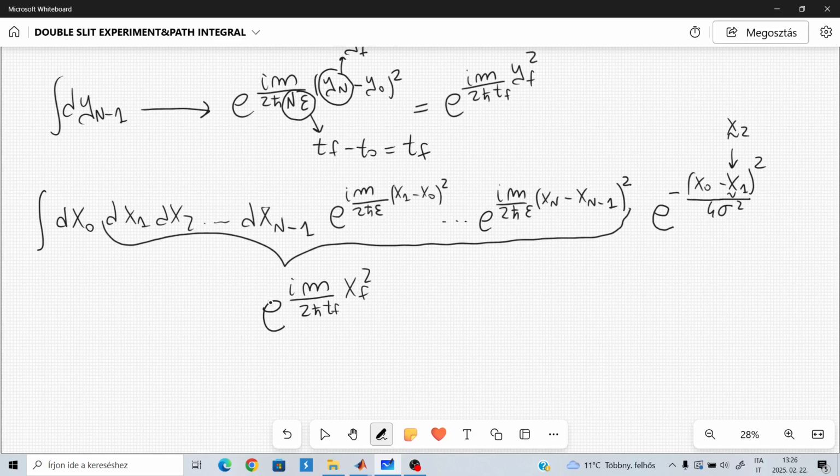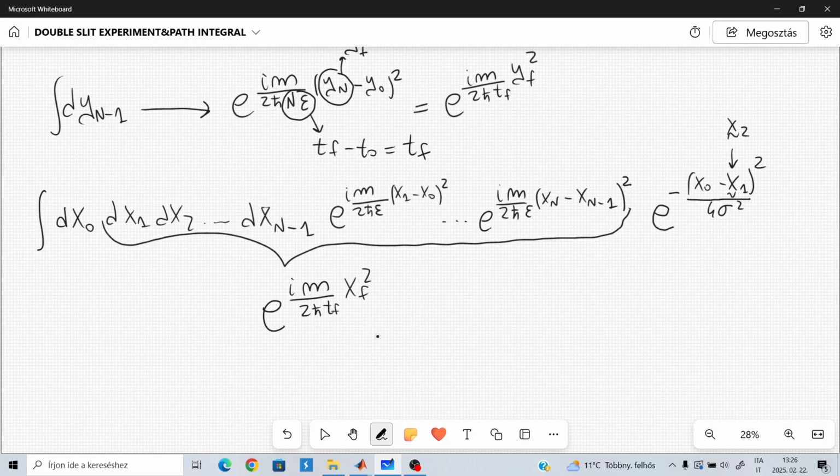So we are left with just a simple integral over x0, where we have to take the multiplication between this exponential, which contains this imaginary unit, and this exponential here, which is not an imaginary exponential, as you can see there. This is a decaying exponential, whereas this is just an oscillating factor.